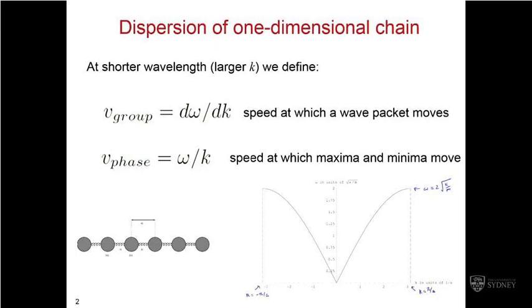And the phase velocity is defined to be just ω over the particular k that you are at. In the limit that you have a very linear dispersion like you've got here, these two velocities will just be equal to each other. So group velocity and phase velocity.